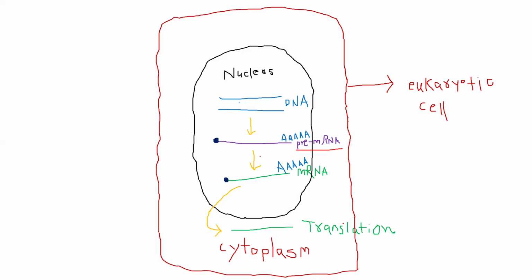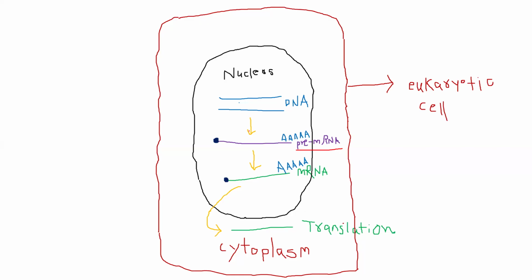In eukaryotes, the mRNA has to be transcribed completely and processed before it can be translated. You will not see coupled transcription and translation in eukaryotes, and it's not possible. The reason is that ribosomes, which are involved in translation, are located in the cytoplasm.